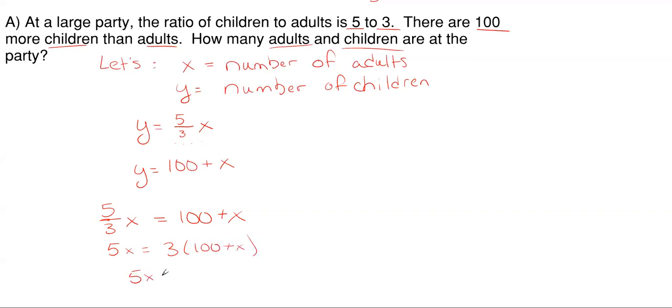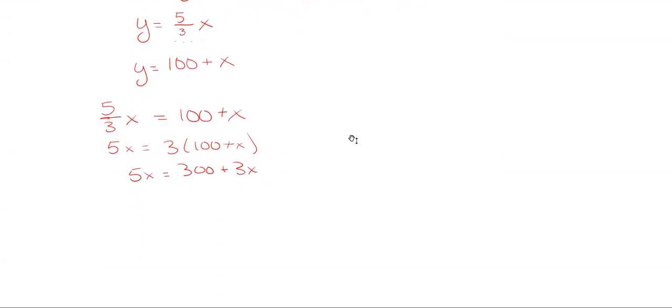Well, this would be 5x is equal to 300 plus 3x. So then, let's take this 3x and throw it over here. So 5x minus 3x from each side gives me 2x is equal to 300.